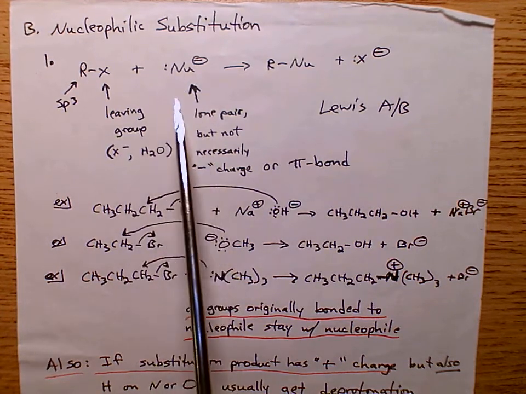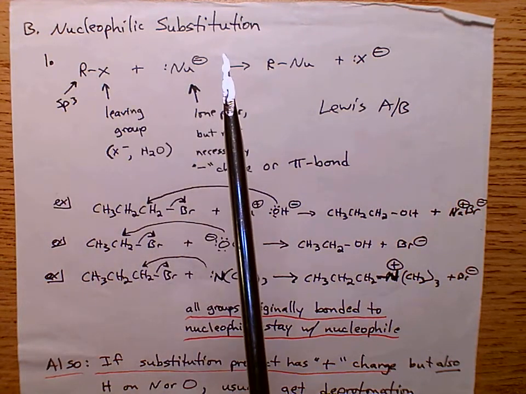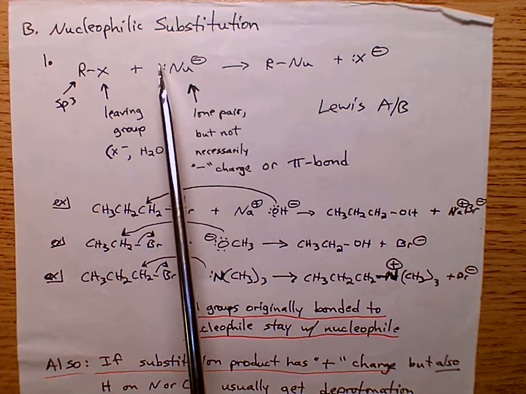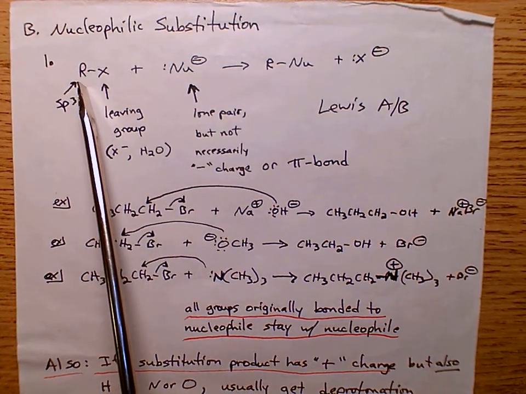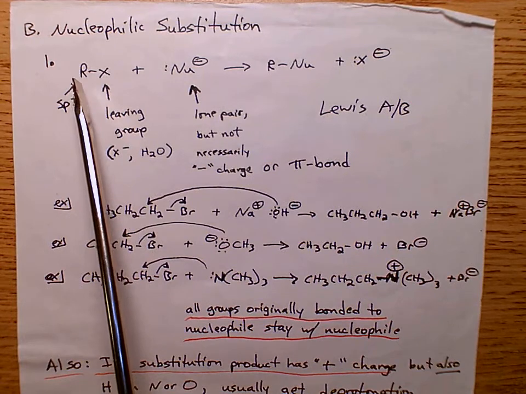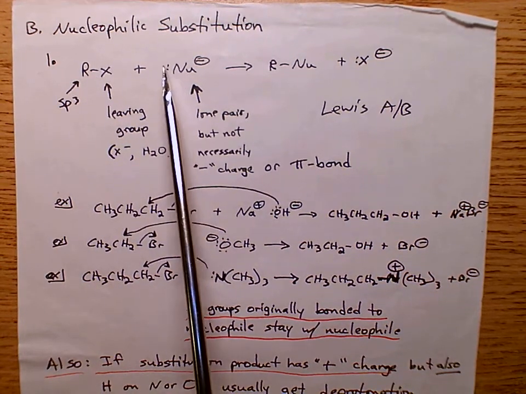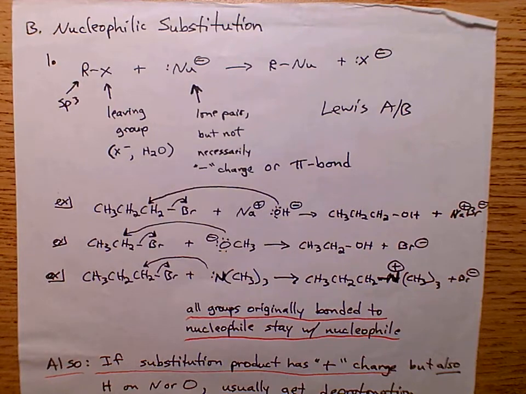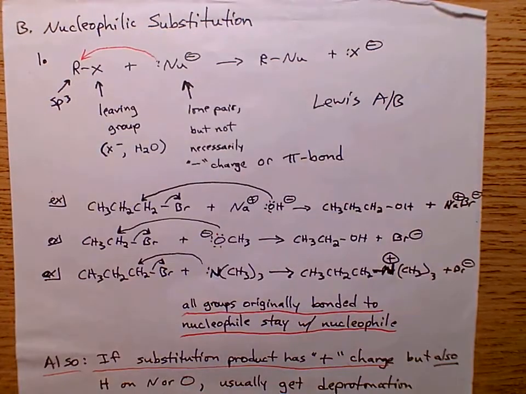So our nucleophile has a lone pair, and this lone pair is going to be attracted to the partial positive carbon of the R group due to the R-X bond. And so the nucleophile will attack this R right here. The lone pair will attack this carbon. We'll draw our arrow like that.